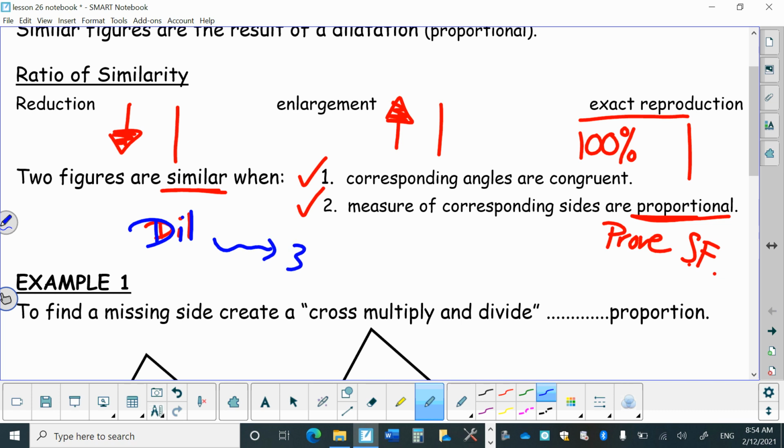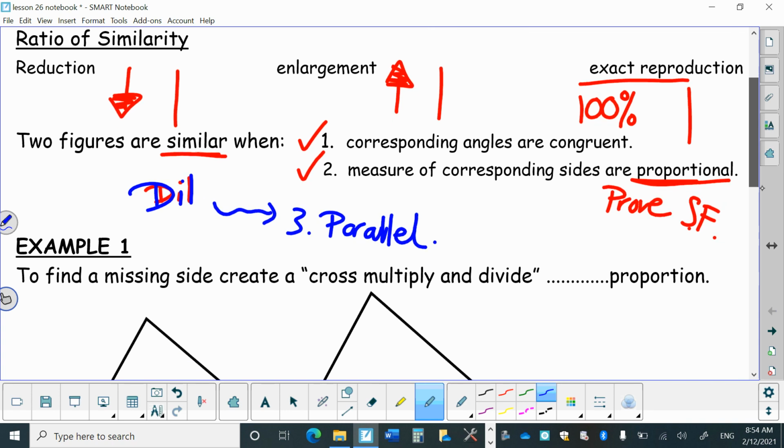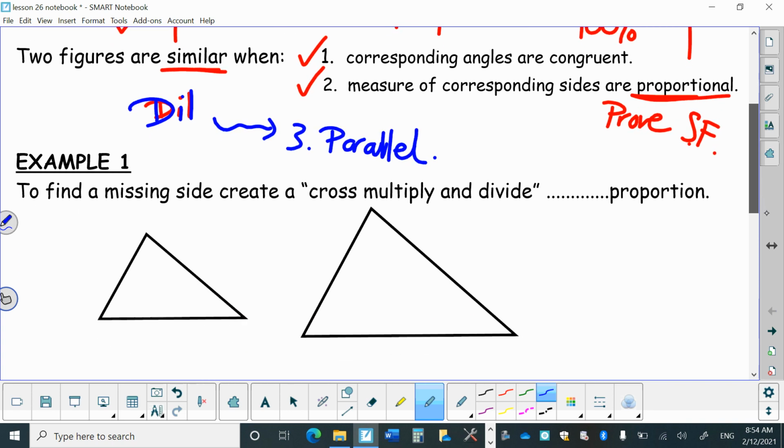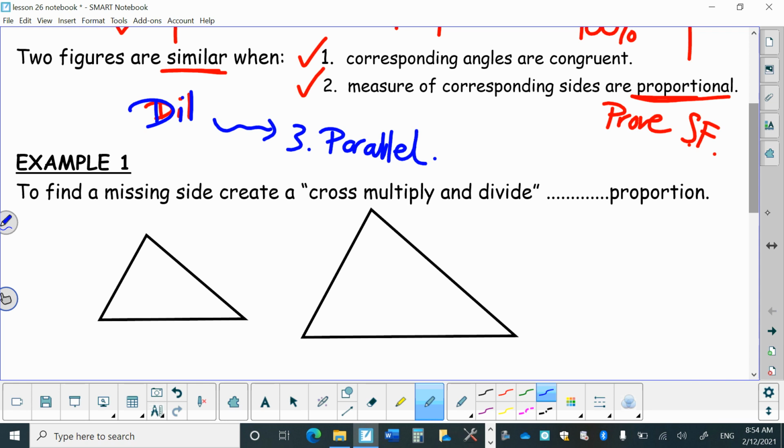Dilatation includes that everything is parallel because of those dilatation lines, whereas similar figures can have an image rotating, compared to the dilatation, where everything was fixed, nothing got rotated, and all our lines were exactly the same.